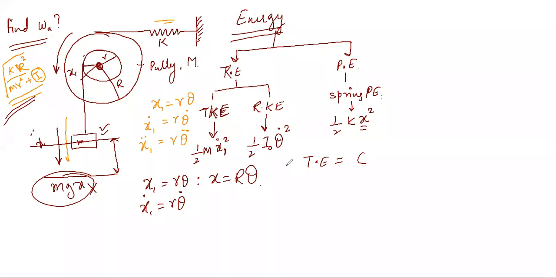So we are going to write this expression of half I naught theta dot square plus half m x1 dot square, which becomes r square theta dot square, right? Plus half k x square, which becomes capital R square theta square, and that value is constant.